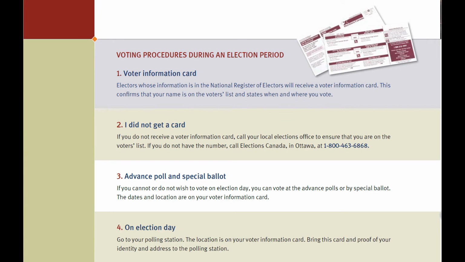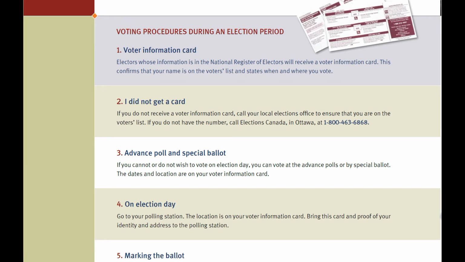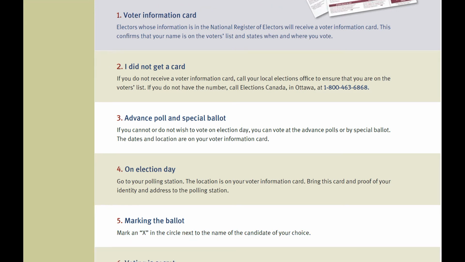Voting procedures during an election period. The following provides more information about voting in Canada. The Voter Information Card: electors whose information is in the National Register of Electors will receive a Voter Information Card. This confirms that your name is on the voters list and states when and where you vote. If you do not receive a Voter Information Card, call your local elections office to ensure that you are on the voters list.